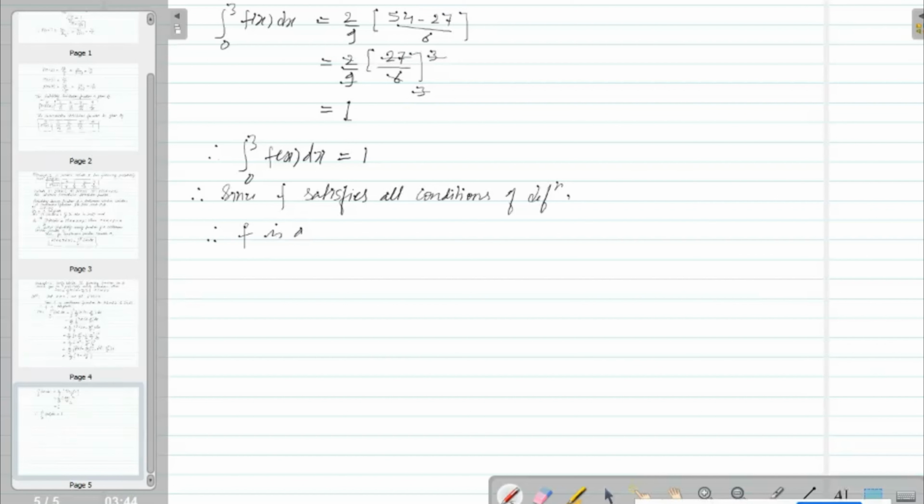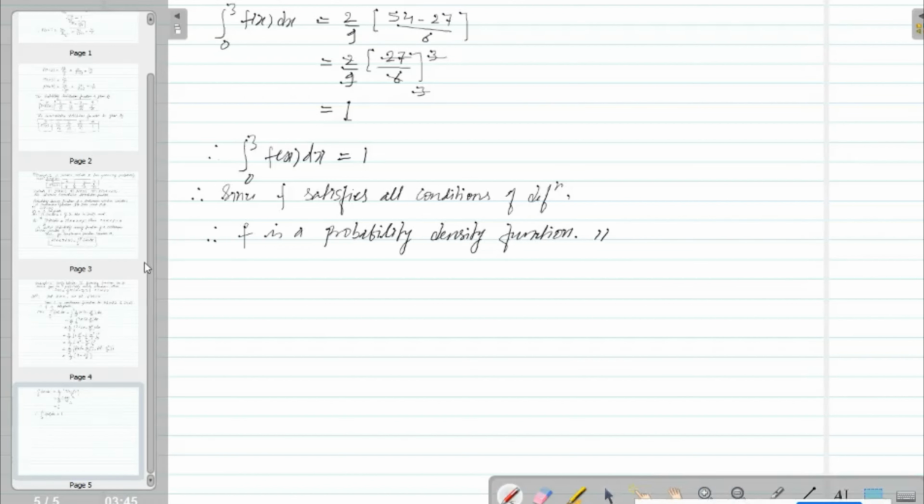Did you understand this? You understood this much? Yes, sir. It is a very simple problem. Now let us do another one based on this definition.